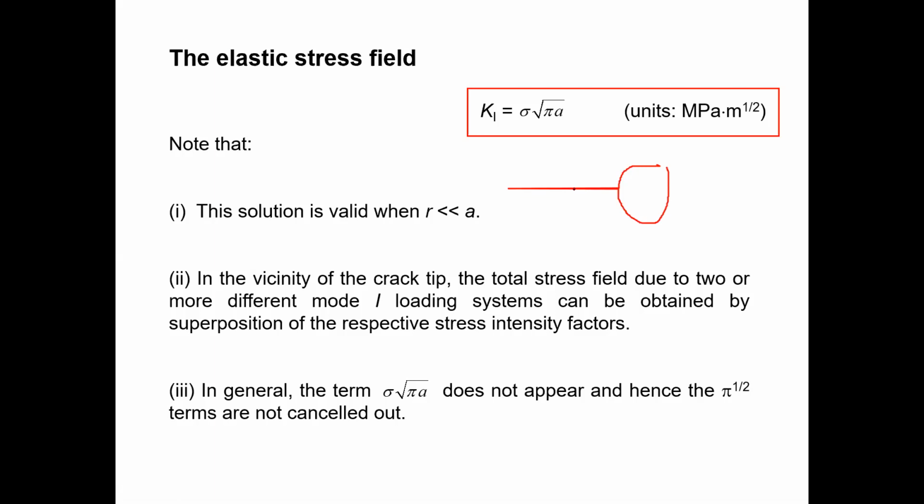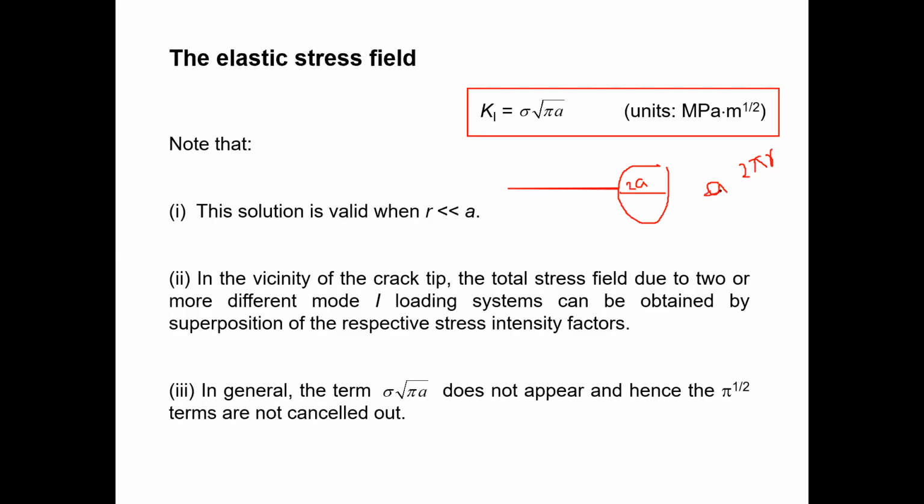I'm sorry, just forget this line. So what is the circumference of this circle? If it is radius a, okay, if the diameter is 2a, then the circumference is 2 pi r.